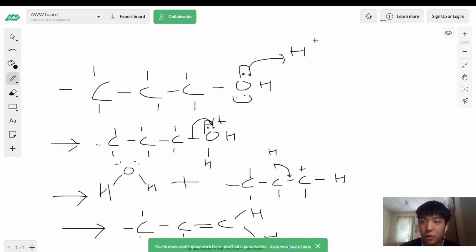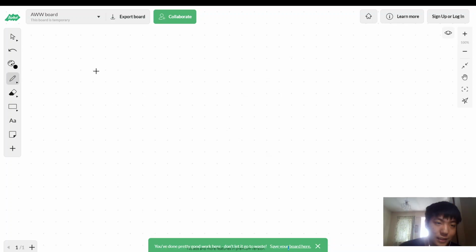Now, for example, if we consider rule 2, let me remind you, if the OH group is attached to the middle of a carbon chain, it could create two different products depending on the alcohol. So if the alcohol is unsymmetrical, it would create two different products.